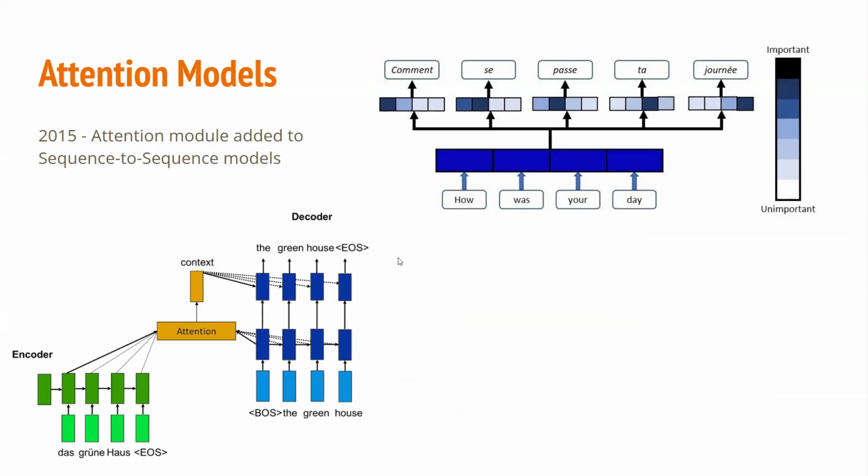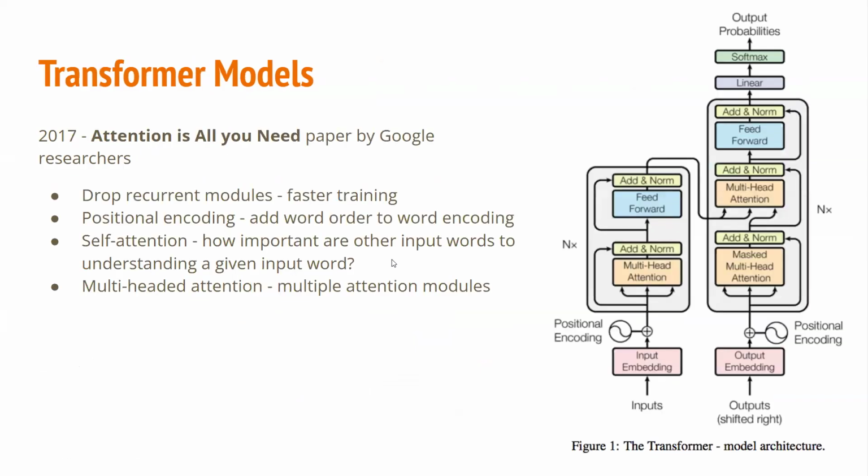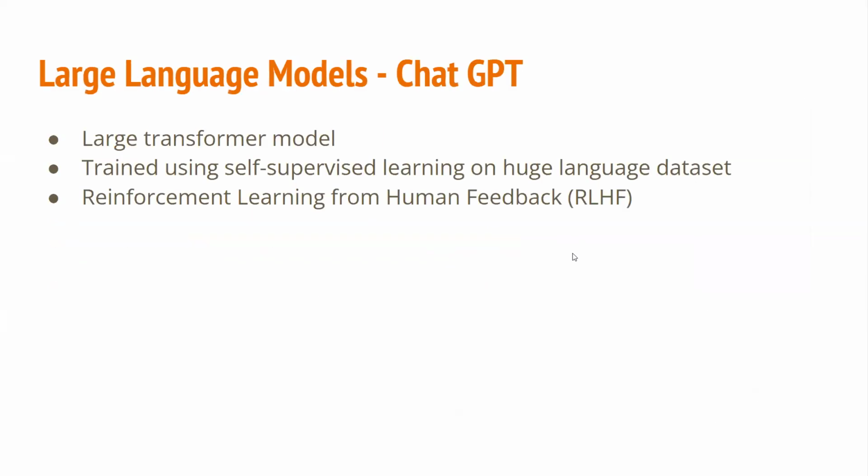And then that led to self-attention, and then the transformer models, and "attention is all you need." So at this point, we dropped the recurrent neural networks and just went with feed-forward models with attention. And so here's our transformer model. And from that, we got all of our large language models.